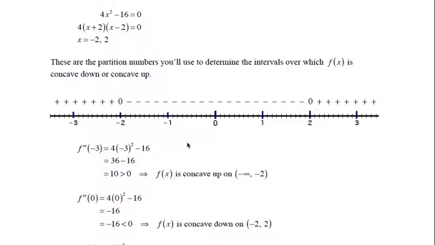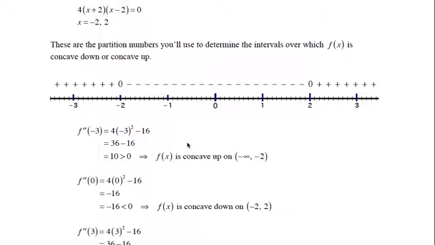With those partitions in mind, we want to choose values at which we can evaluate the second derivative, not the function or the first derivative, but the second derivative, to find out whether it's positive or negative.